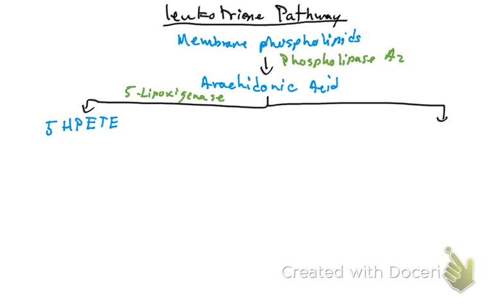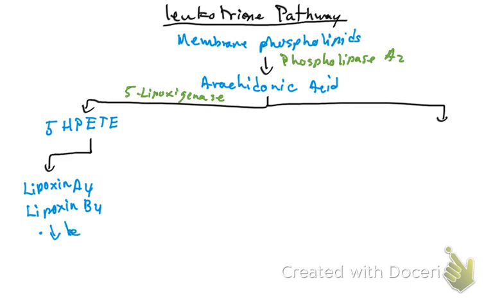And then this 5-HPETE can go to two places. One of those places is lipoxin A4, lipoxin B4. And what's going on here is going to decrease your leukocyte recruitment.